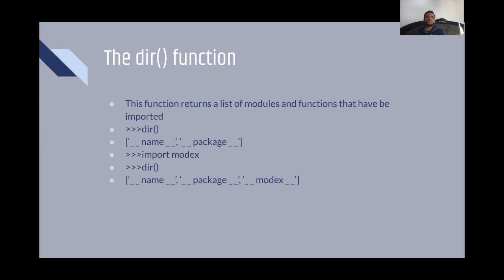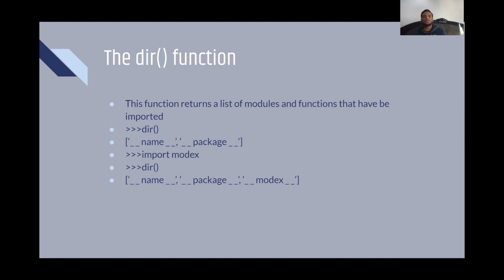Now here's a big function that I wanted to show: the dir function. This function returns a list of modules and functions that have been imported. So it just gives you a bunch of names in that directory.